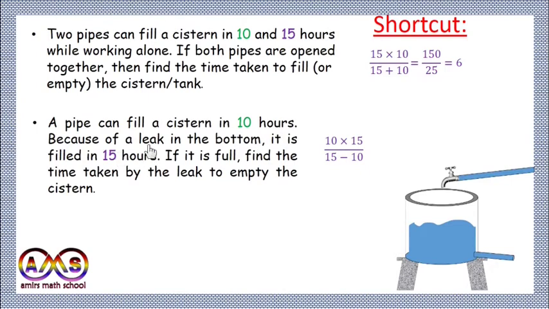That is 15 into 10 divided by 15 minus 10. So the result is 150 divided by 5, which is 30. That is, the leak needs 30 hours to empty the cistern. So if we know the shortcut, we can easily solve this type of pipe and cistern related problem within few seconds. Before that, we have to solve it in detail.